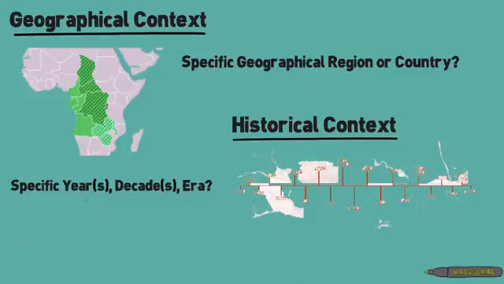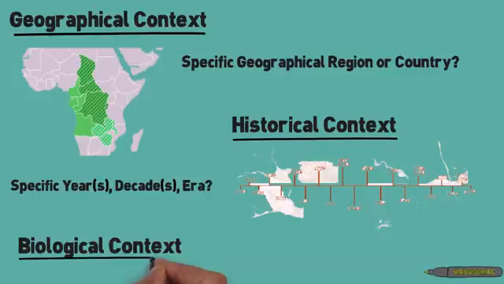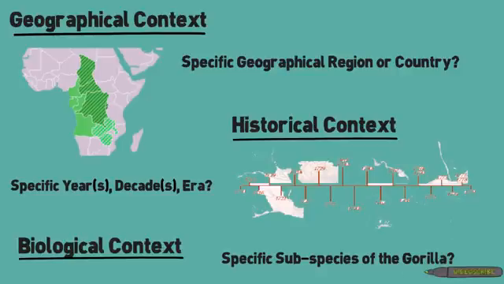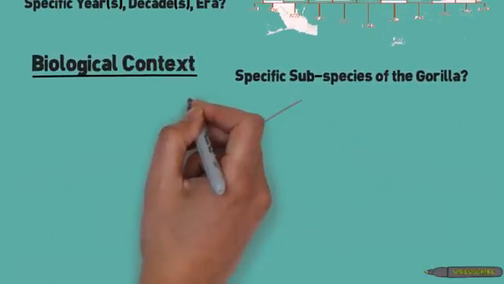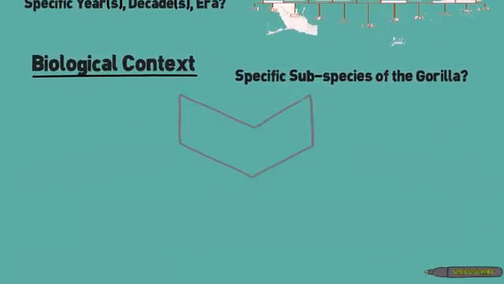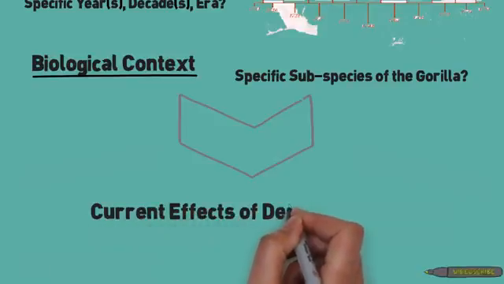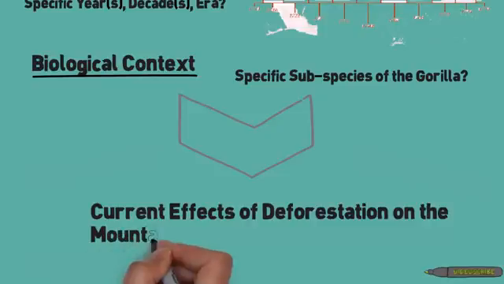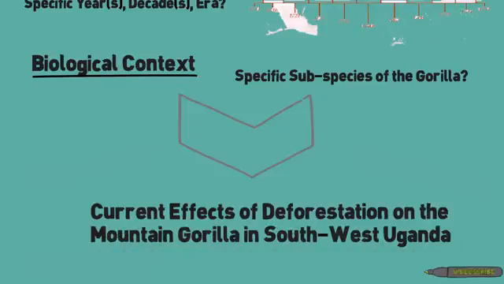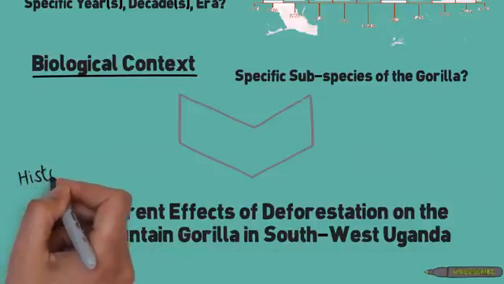And third, with this topic, you could also add biological context. Perhaps there's a specific subspecies of the gorilla that you're interested to write about. So when we combine all three contexts and incorporate them into the original topic, this is what we get: something like current effects of deforestation on the mountain gorilla in southwest Uganda.